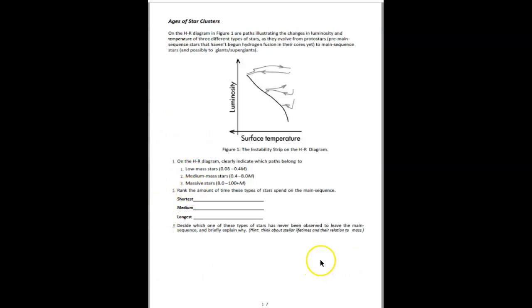The thing about the lower mass stars is we really don't know what happens to them as they die out, because their life expectancy is longer than the age of the universe.